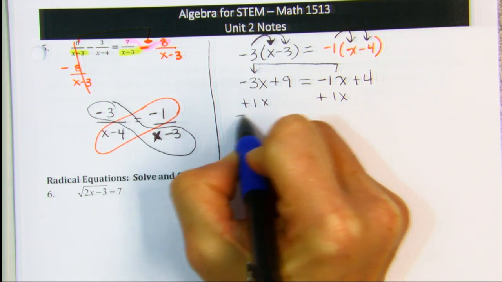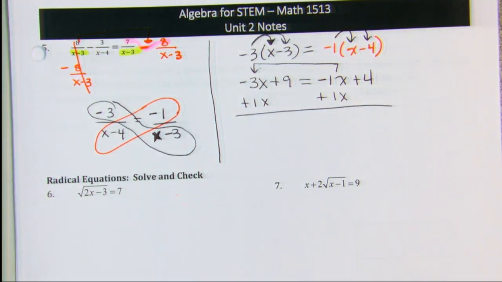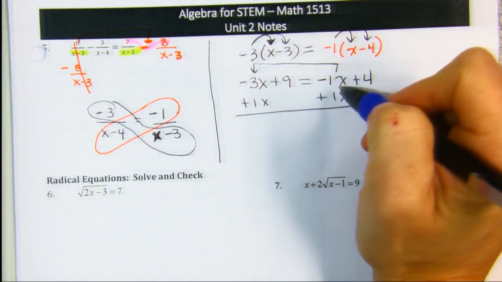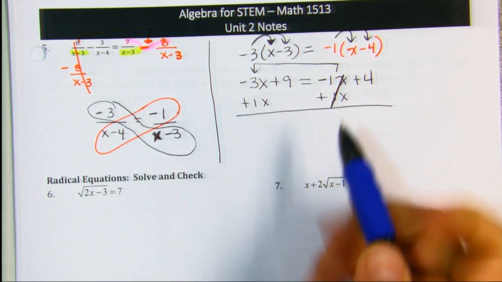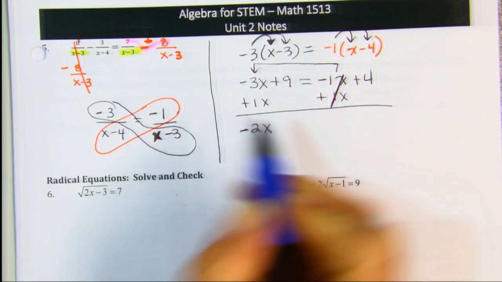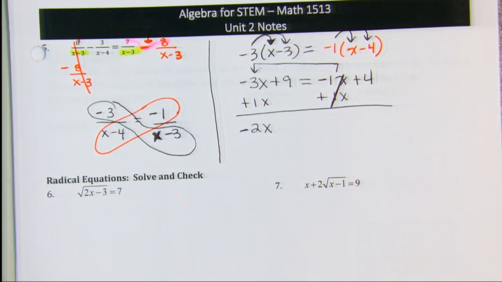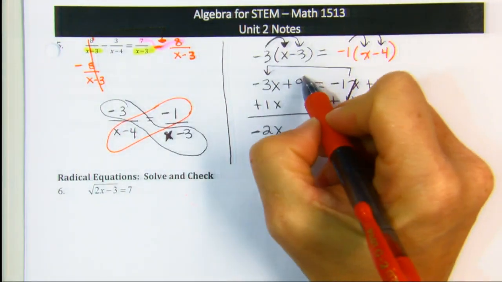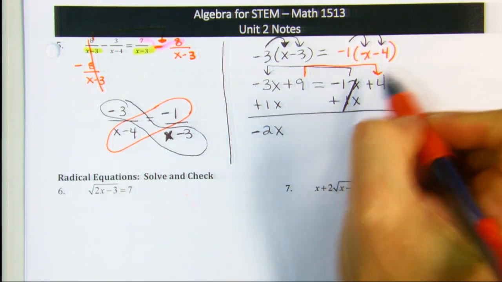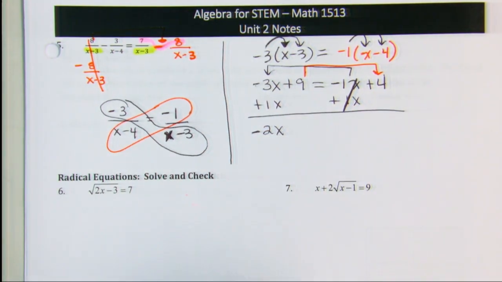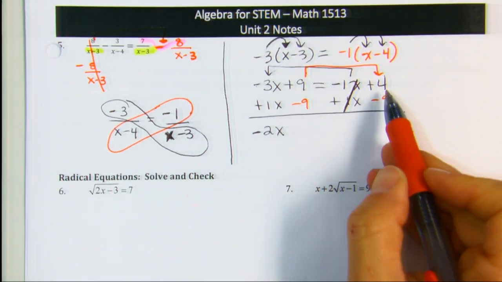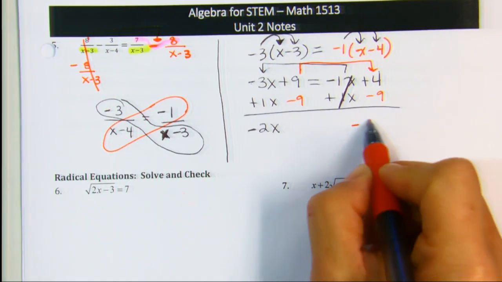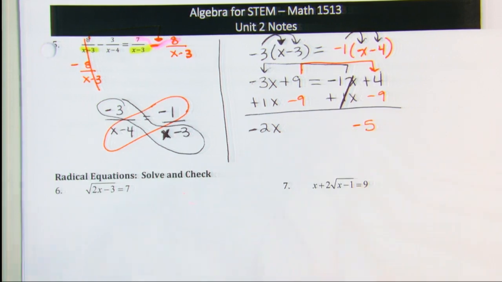So I would add 1x to both sides because negative 1 plus 1 would 0 that out. So we have negative 3 plus 1 is a negative 2x. For space, I'm probably going to show that I'm moving my constant here too. Since that's a positive 9, I would subtract 9, and that's going to move the constant over there. So 4 minus 9 is a negative 5. What's between those?